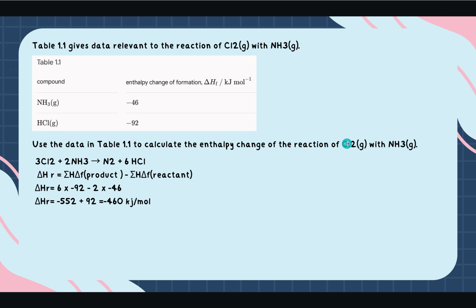So first we make the equation, and so we calculate the delta HR with the formula of the sigma delta HF of products minus sigma delta HF of the reactants, and then we insert the data into the formula, which is 6 times minus 82 minus 2 times minus 46, which results in minus 460 kilojoules per mole.